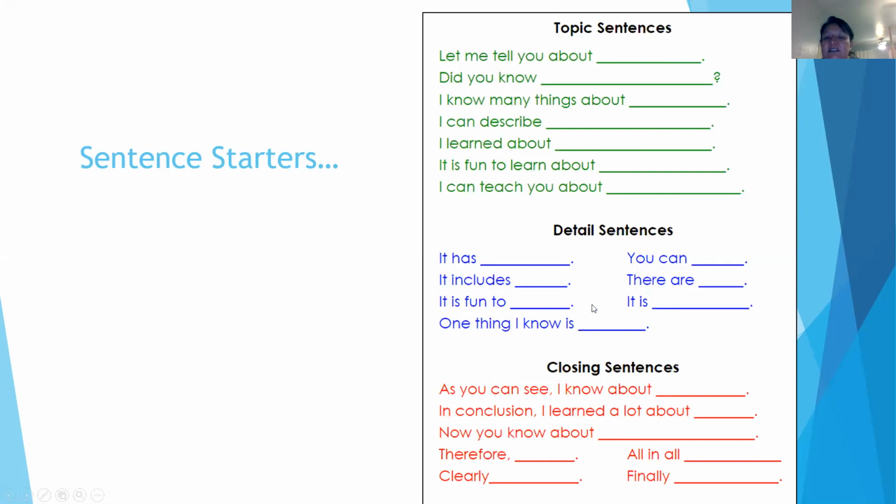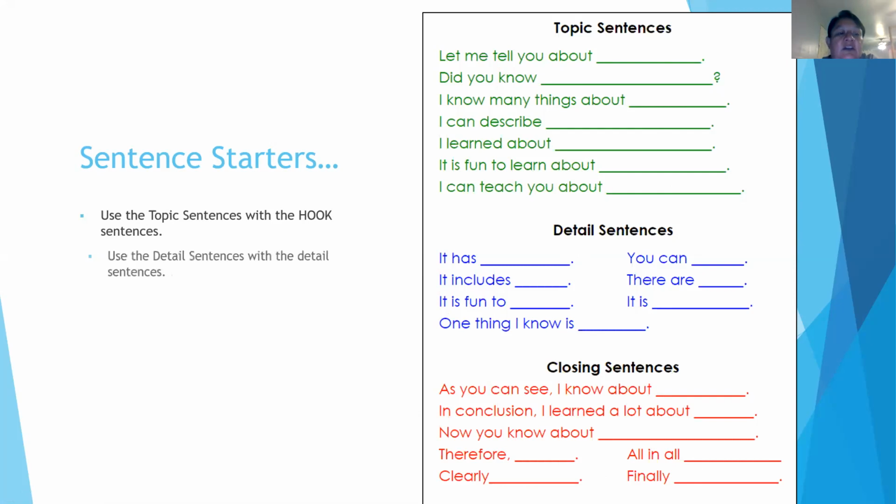You can use these to help you do your sentences. Closing sentences, you can use any of these to help you do the 5th sentence of your writing. So use the topic sentences with the hook sentences, use the detail sentences with the detail sentences, and use the closing sentence with the last sentence of your paragraph.